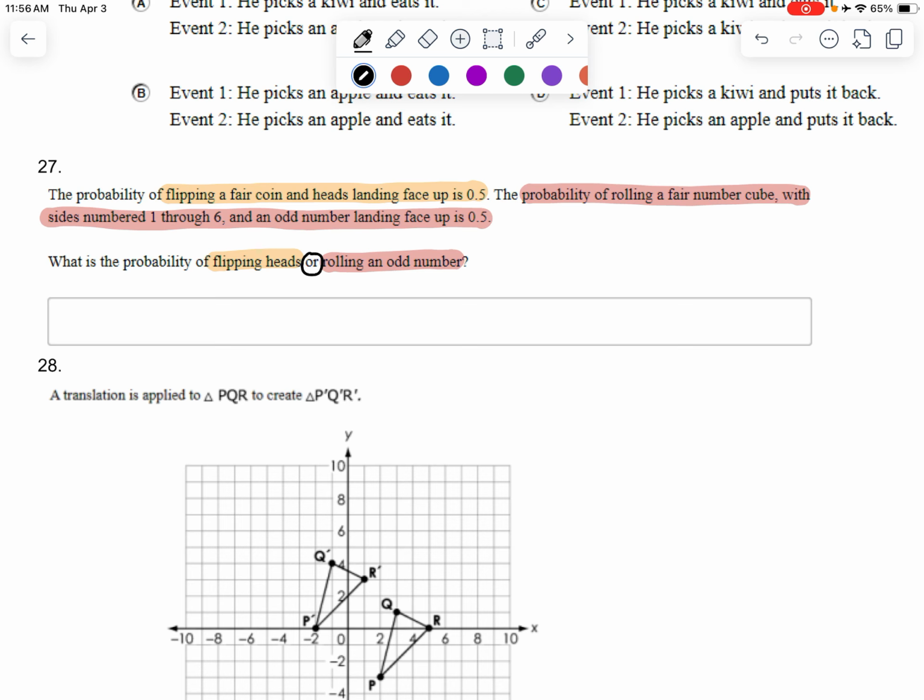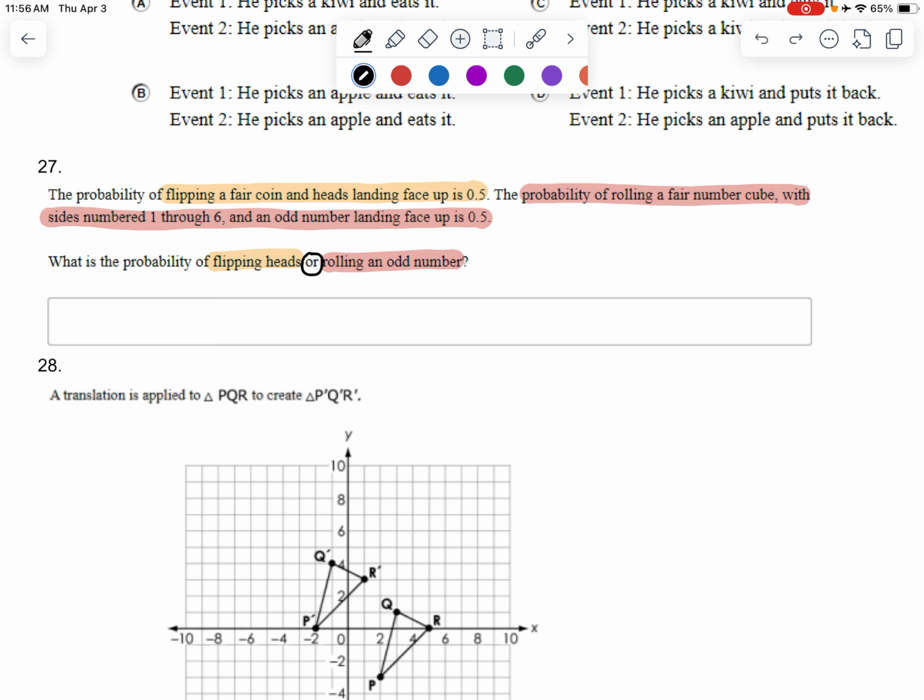Now, the way that it's written is a little bit deceiving. I think in this case, probability of flipping a heads or rolling an odd number, it's saying in one event. So I think this is truly an and statement, and I could definitely be wrong. Oh wait, you know what? That does mean or. Sorry. We're all going to make mistakes sometimes.